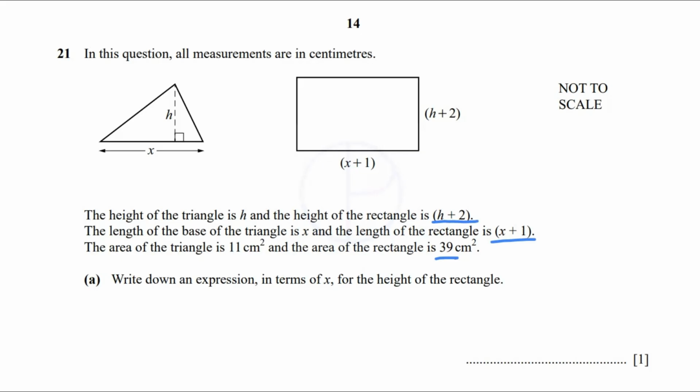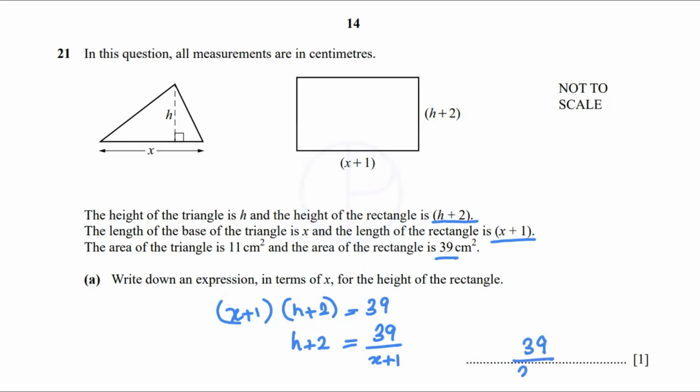So the area of the rectangle is x plus 1 multiplied by h plus 2, and this is equal to 39. So we need to find the height of the rectangle, which is h plus 2, which is equal to 39 over x plus 1. So the height of the rectangle is 39 divided by x plus 1.